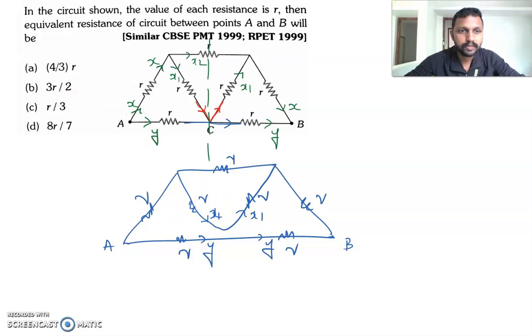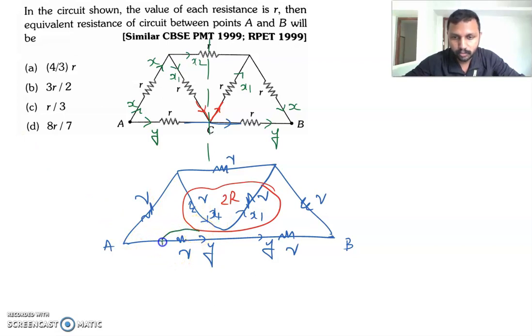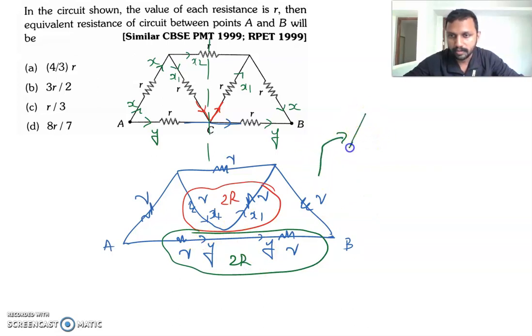If I remove this connection, it is now simplified. These two resistors will become 2R, and these two resistors will also become 2R. We could redraw our circuit diagram over here. This is our R ohm resistor and this is our 2R resistor.